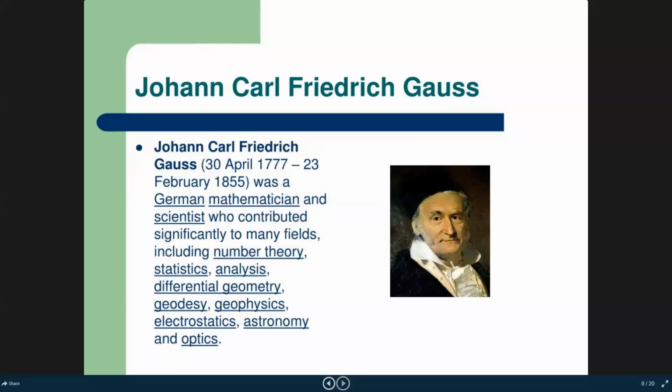And the story has to do with this guy you see on screen. This is just a painting. I don't think they had photographs at the time, so they just had to paint the man. Johann Carl Friedrich Gauss. I hope I'm pronouncing the man's name correctly.